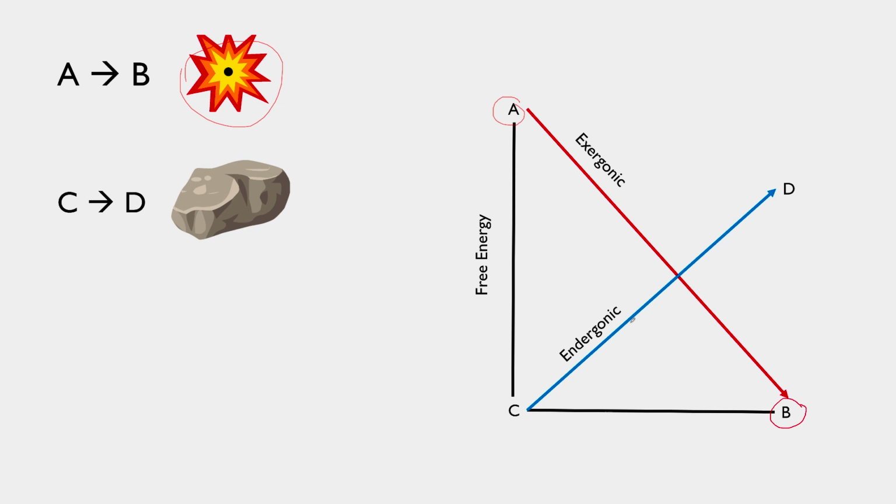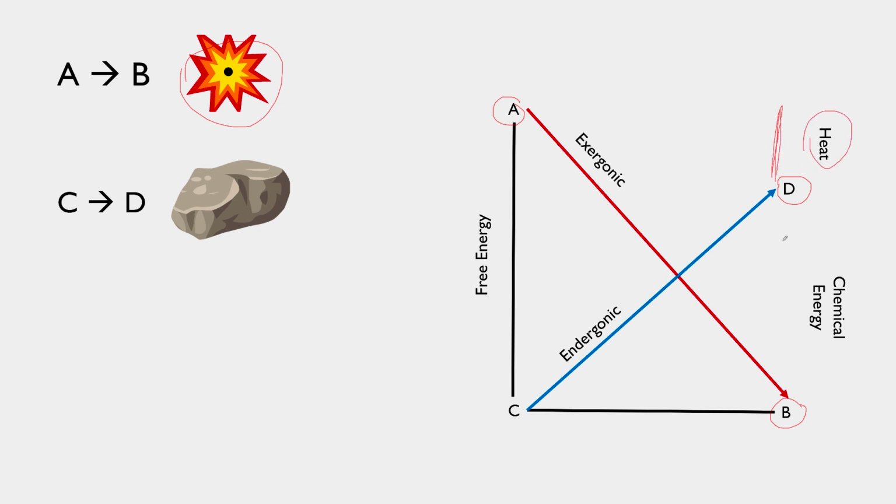In biological systems, what we like to do is couple exergonic reactions with endergonic reactions such that we can use the change in free energy from our exergonic reaction to drive our endergonic reactions. Here you can see if we coupled these two reactions, our product D is still at a lower free energy state than our initial product A. Therefore, this change in energy here would be given off as heat.